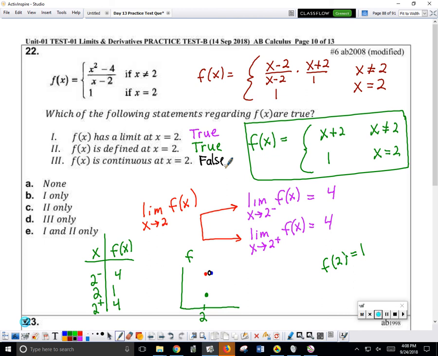If this function were just 1, then the limit from the left and right would have equaled 1, and the value of the function would have also equaled 1. That would work. You could also just say if x equals 2 is 4. Correct. That would work. So change this to a 4, leave everything else the same, then all 3 will match. Perfect.